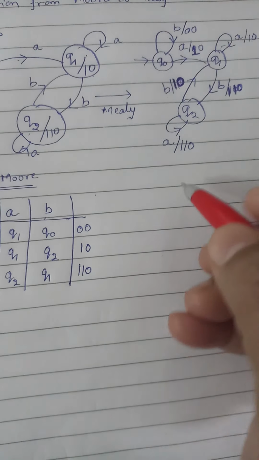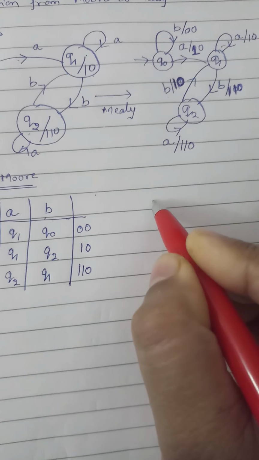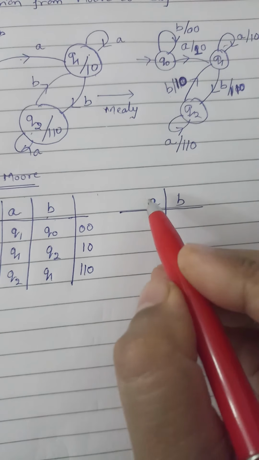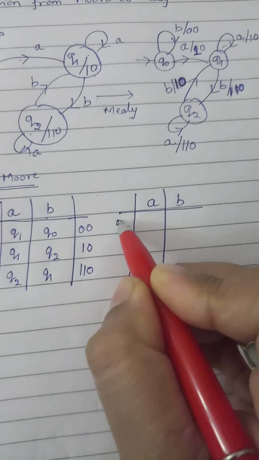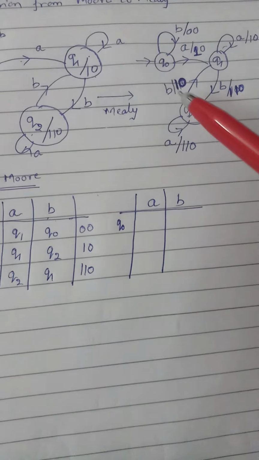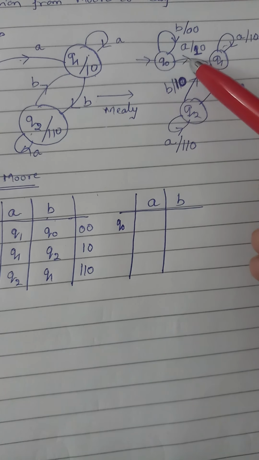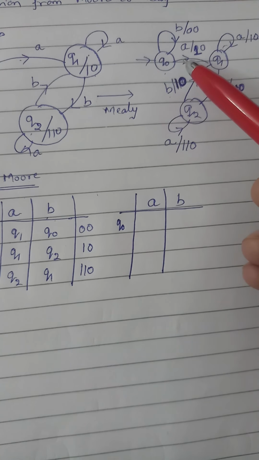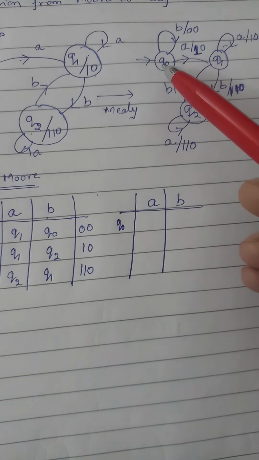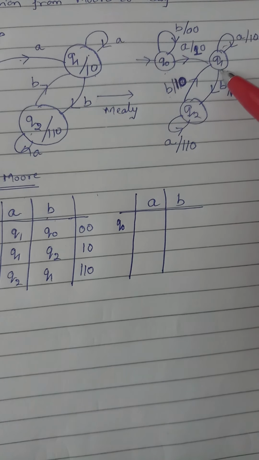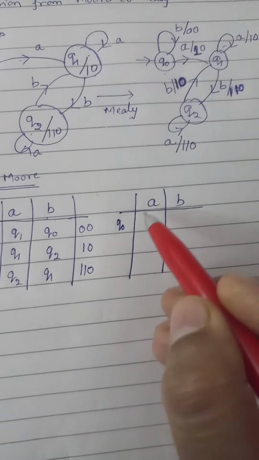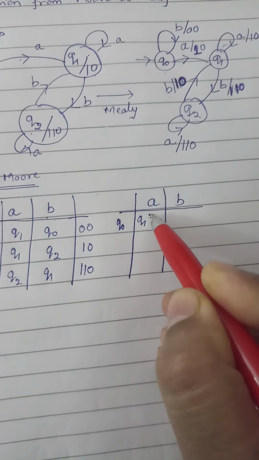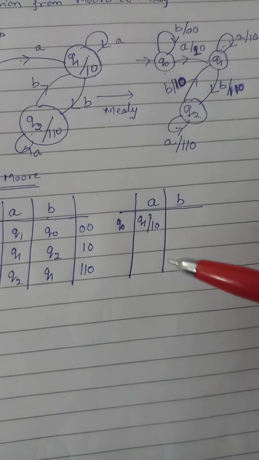And for the Mealy machine, columns for A transition and B transition, for the Q0 state. For Q0 on transition A, we move to Q1 with 10 output.